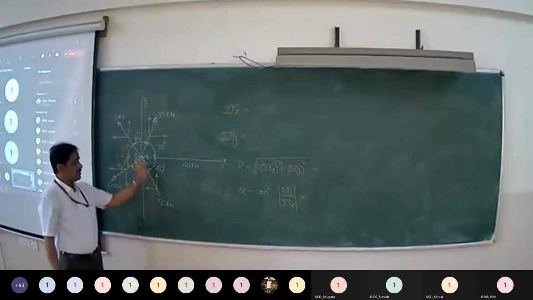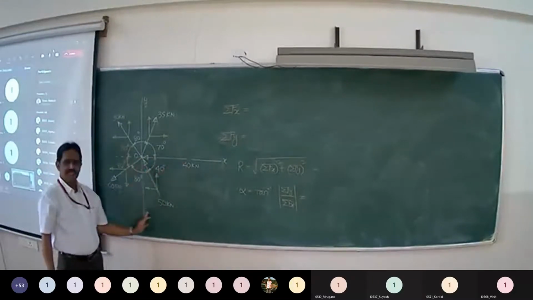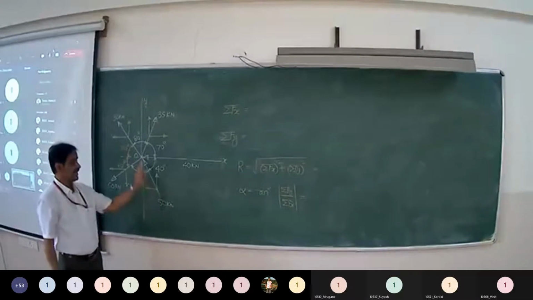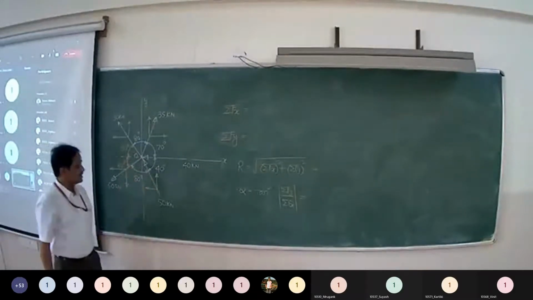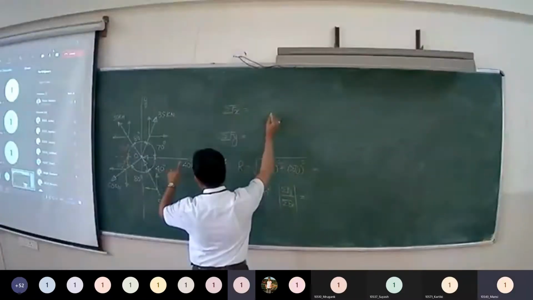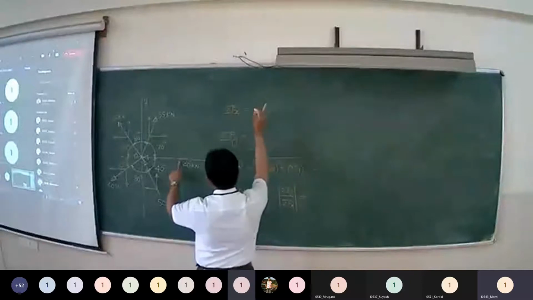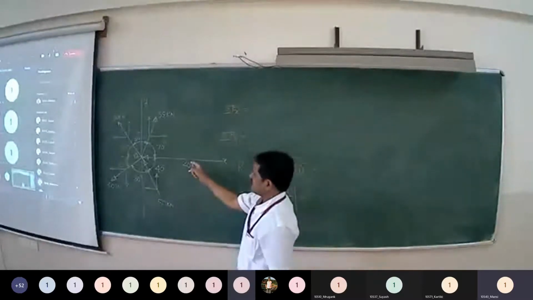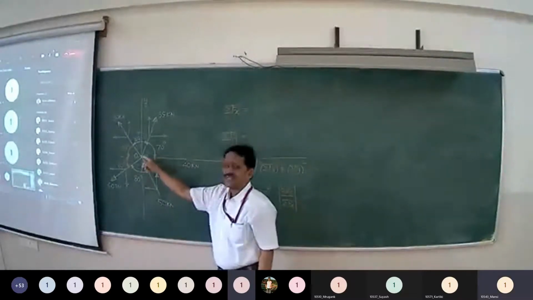It's not that because 50 kN is located in the fourth quadrant, x is positive and y is negative. No, you have to see the sense, and accordingly the sign of these components should be considered. The 40 kN force is acting along the x-axis but towards point O. It is acting towards the left, so it is minus.